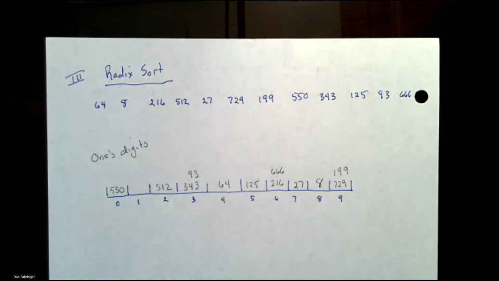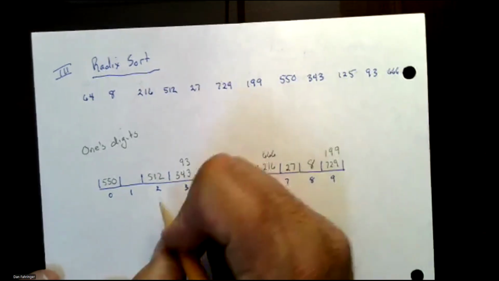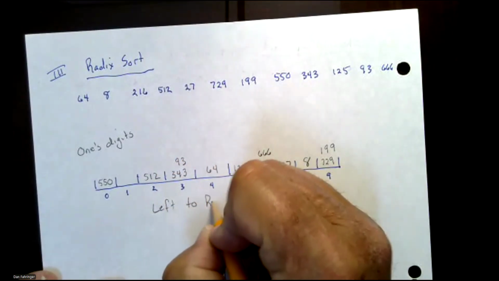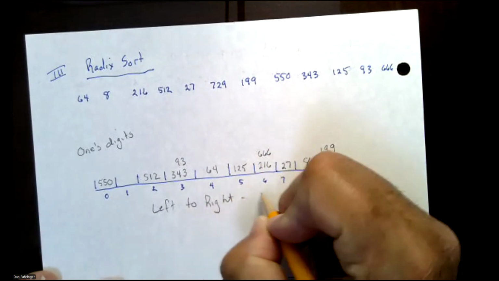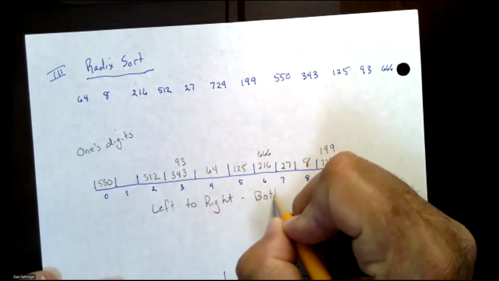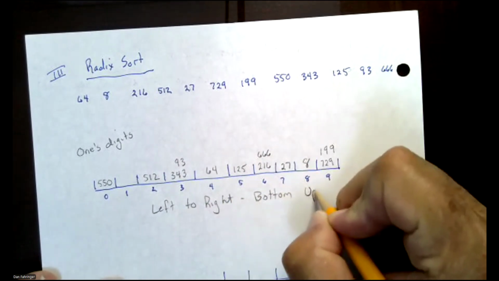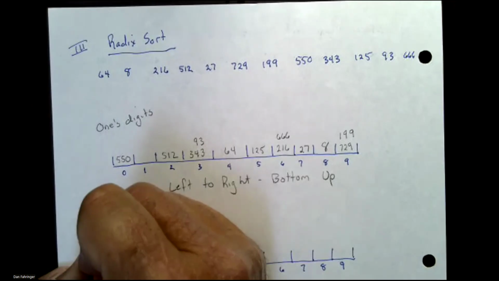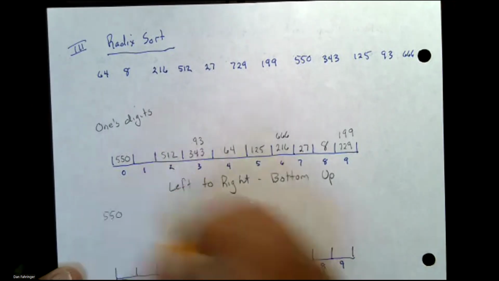All right. So now that I did this, I'm going to make a new list of numbers. I'm going to go left to right, bottom up. Sorry. 550. Start of my new list.